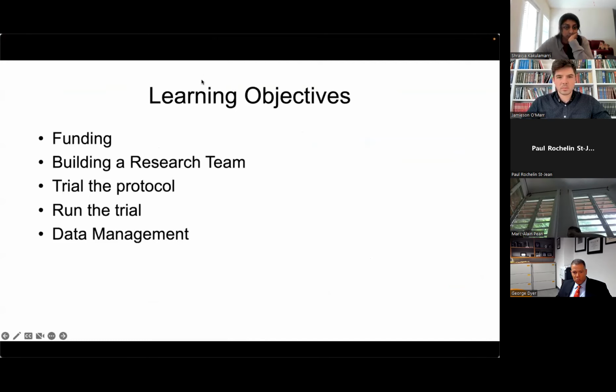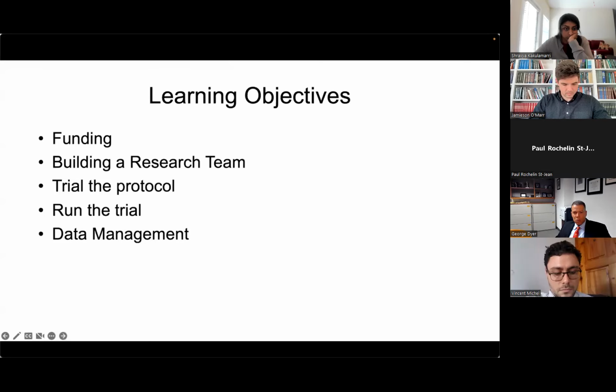It requires that we consider funding questions. We're going to talk a little bit about building your research team, trialing your protocol, troubleshooting your design in order to identify problems that may arise, running your trial, and talking about some simple design or data management issues.